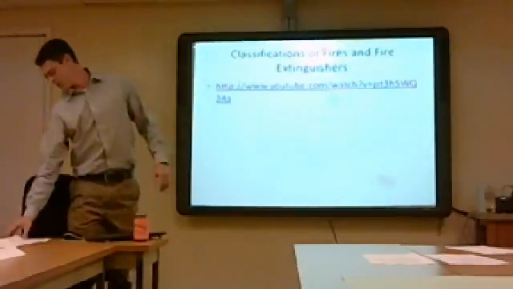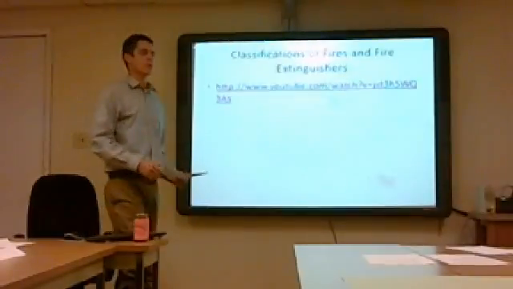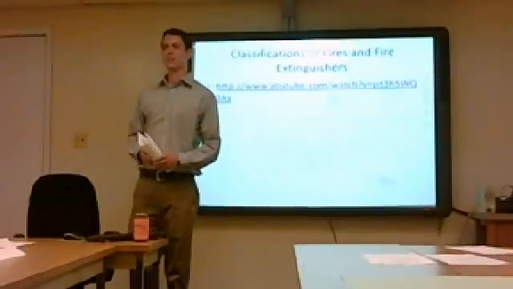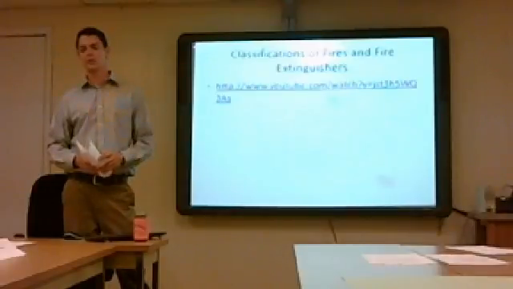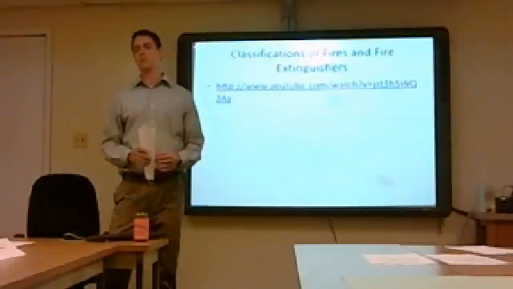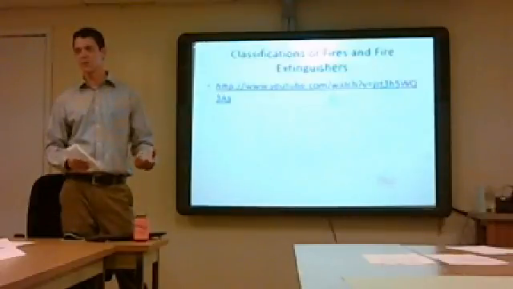Another fire extinguisher not covered in the video, and it's kind of a newer one, is a Class K. A Class K fire extinguisher is one you're going to see in the restaurant and food industry, and it's specifically designed for oils and fats type fires like grease fires.